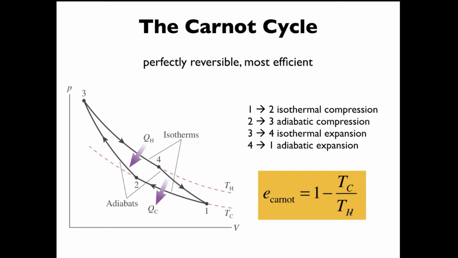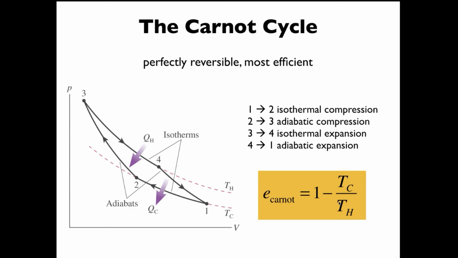To get 100% efficiency, this has to go to 0. So the hotter you can make your hot reservoir, the closer you can get to 100% efficiency. But since this can never be exactly 0, because this is always a non-zero quantity, and this is always a non-zero quantity, this is the best efficiency you can get, and it's never going to be 100%, so it doesn't violate the second law of thermodynamics.